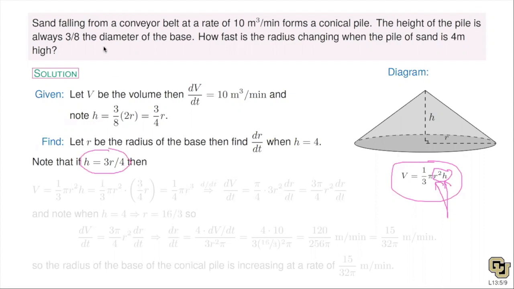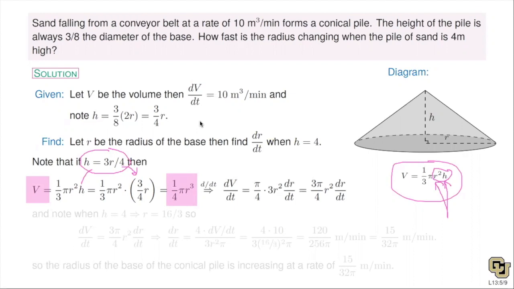We can use that to get rid of the h variable. So here I replace h with 3/4 r as given in the problem. And now my volume function is purely a function of only the variable r. And now we can take the derivative of both sides with respect to t.